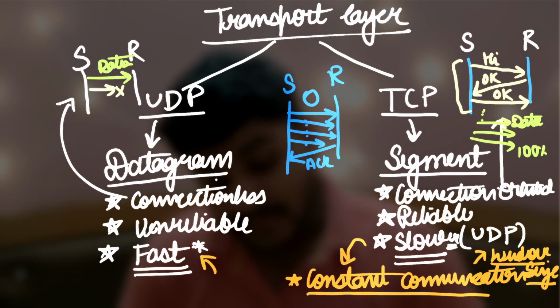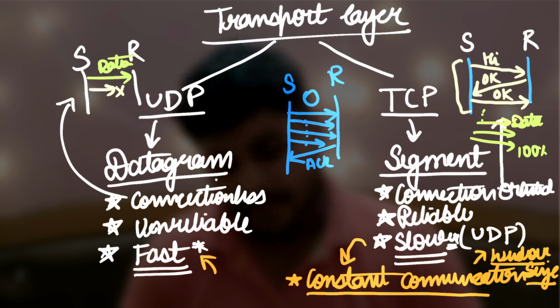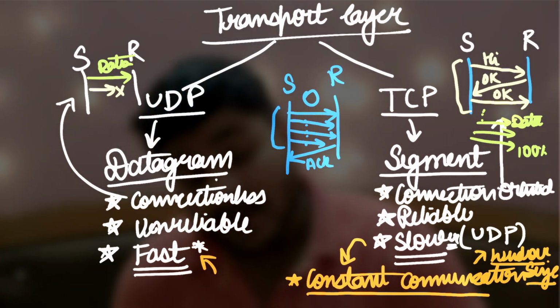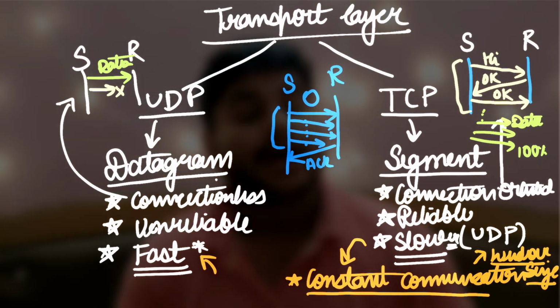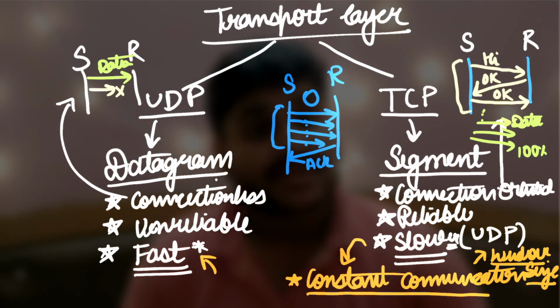That is the way the sender will know that there is no loss of data. So this is the window size: after how many packets, how many segments or data packets sent to the receiver, an acknowledgement will be sent. This is also known as the window size.